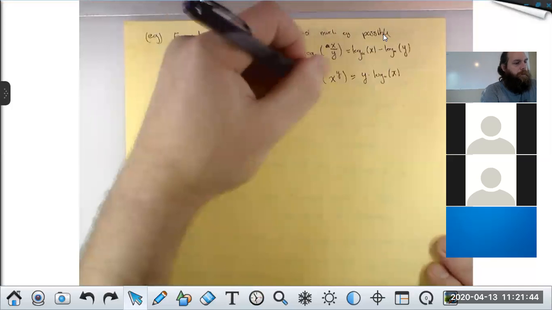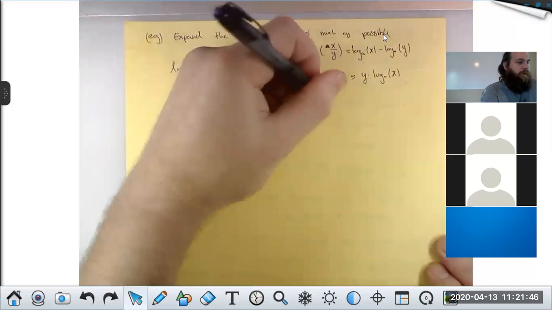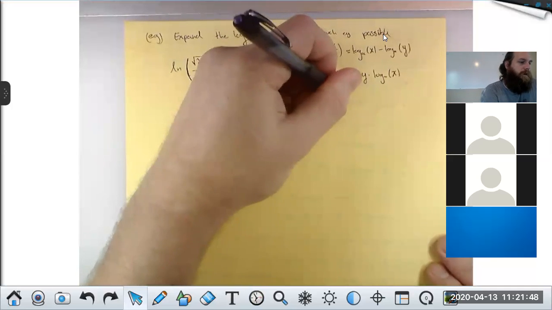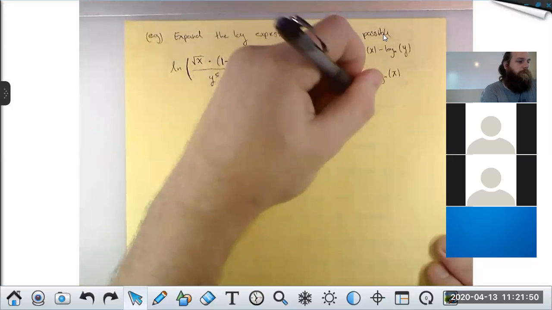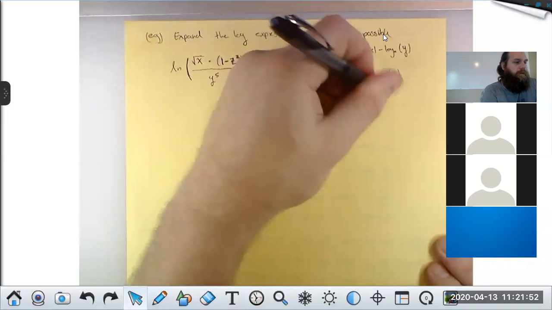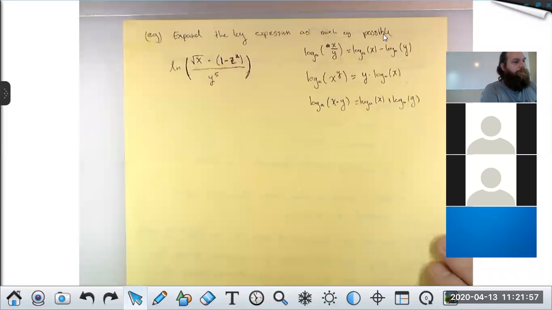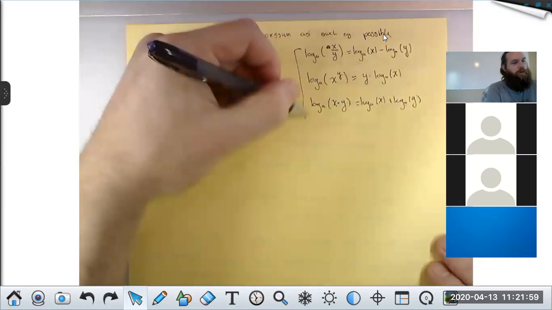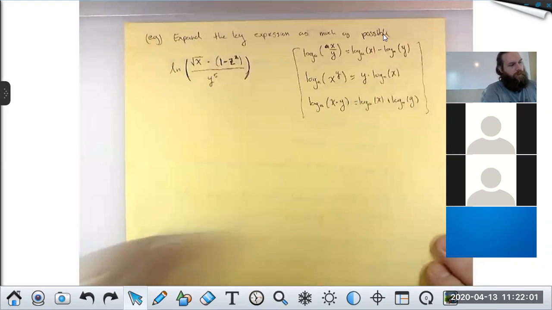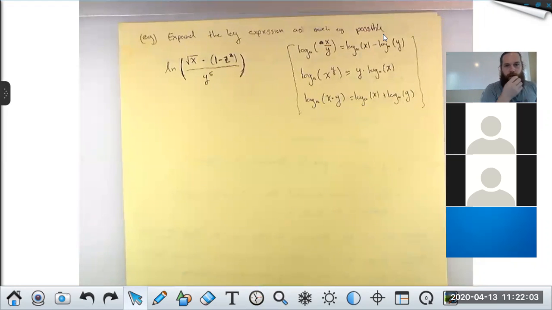And then we also have a property that says that the log base a of a product, x times y, is the sum, log base a of x plus log base a of y. So these are our three properties that we can use to do this stuff. And I like to work from the outside in.